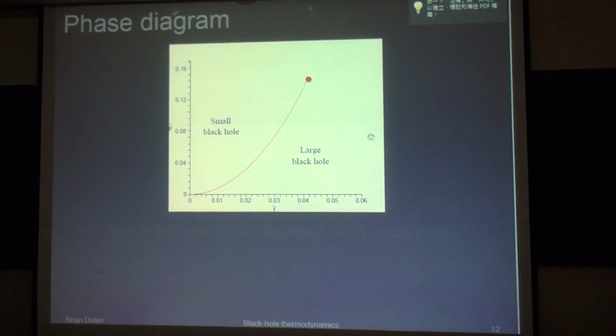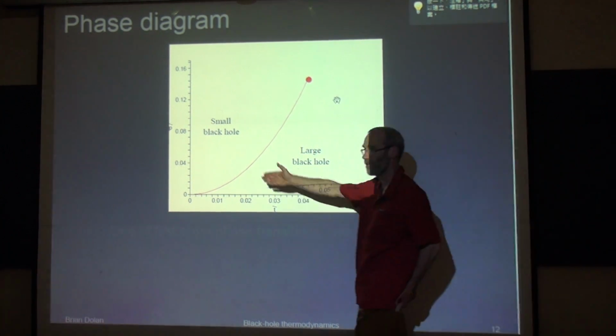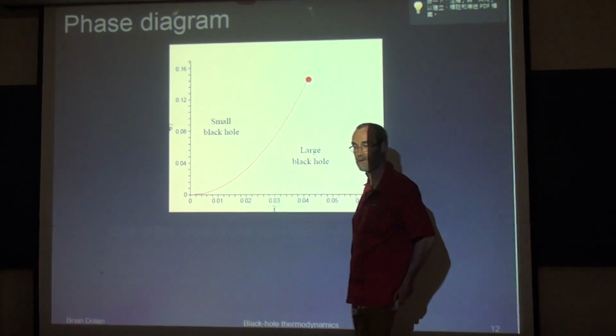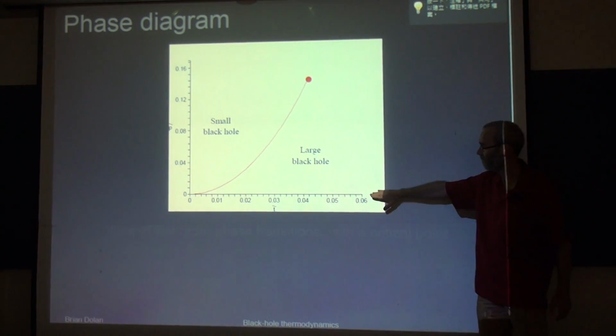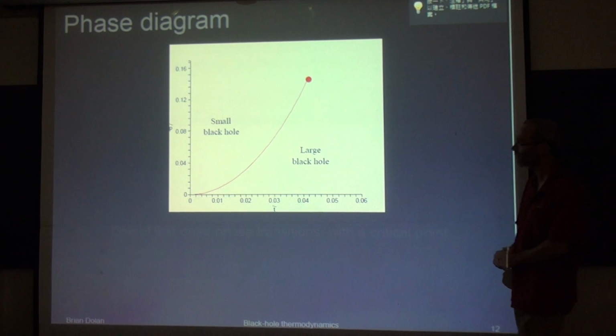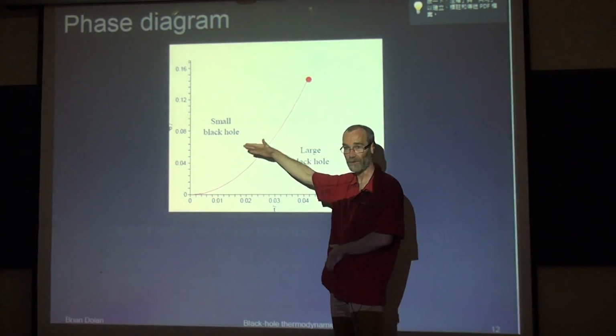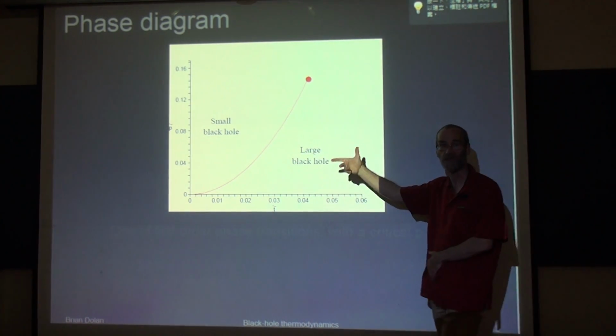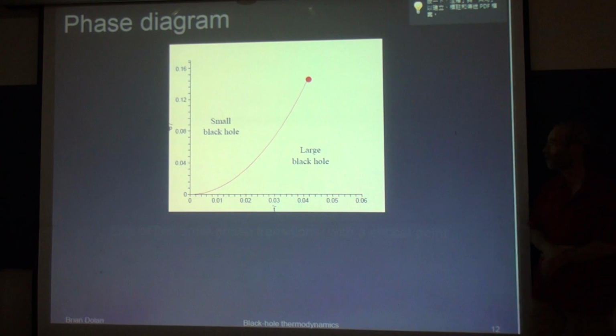If we look at the phase diagram for rotating black holes, what I'm plotting here is pressure, the cosmological constant, against the Hawking temperature. And then we saw in the previous diagram that if you're below a critical temperature, you could have large volume and small volume black holes.